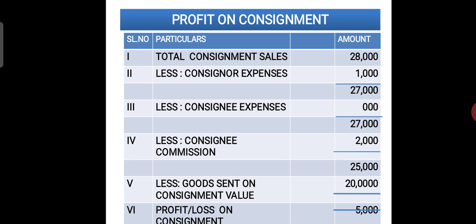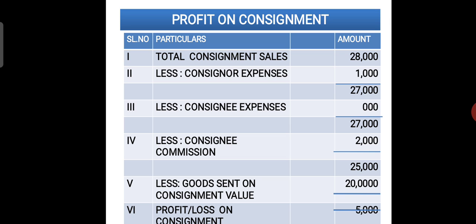After that, see here, profit on consignment. Without preparing the consignment account, just in the rough notes, or we can say a rough statement, we can find out the profit that we made on consignment. So here: serial number, particulars, amount. It is a simple statement.